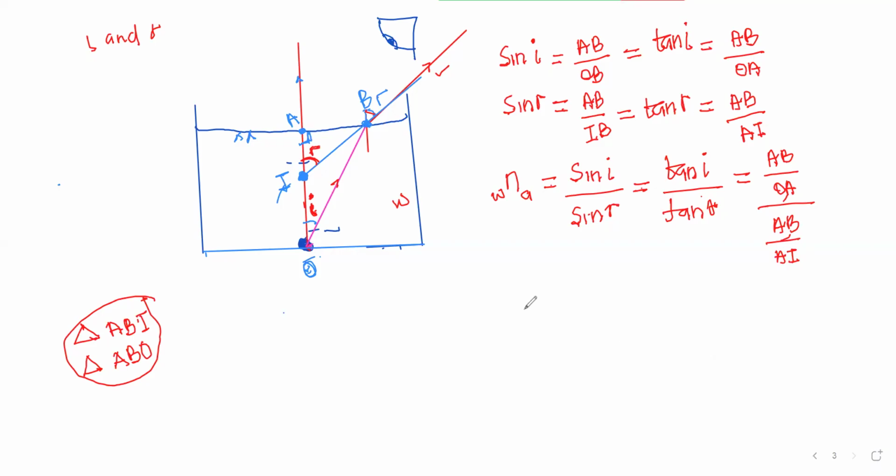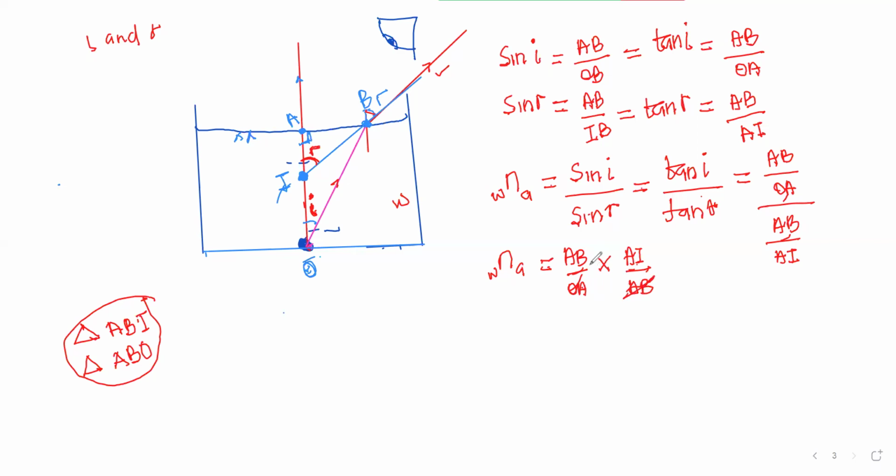AB over OA, all over AB over AI. What will it be? AI over OA. So the denominator would turn upside down. So we are going to have AB on OA times AI on AB.